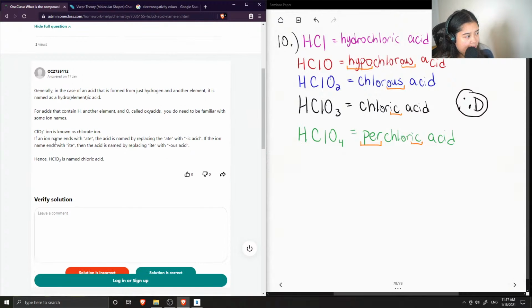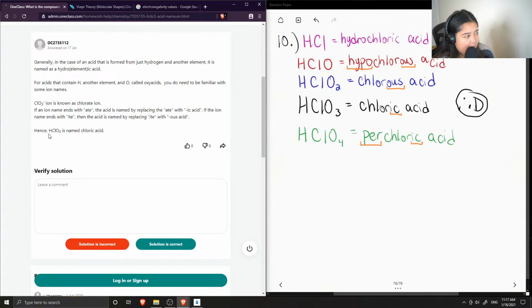If an ion name ends with -ate, the acid is named by replacing -ate with -ic. If the ion name ends with -ite, then the acid is named by replacing -ite with -ous. Hence, HClO3 is named chloric acid. Okay, so this solution is correct.